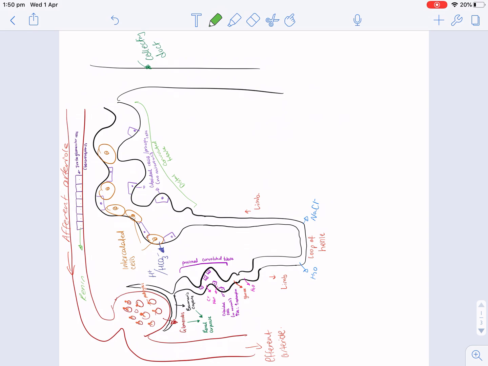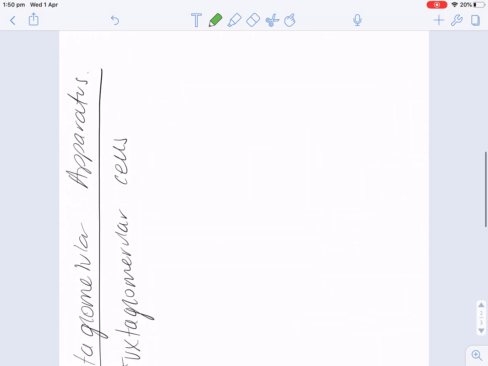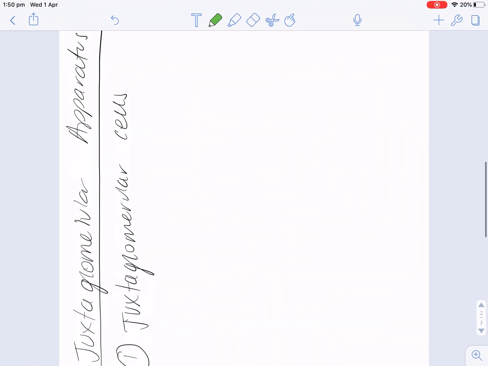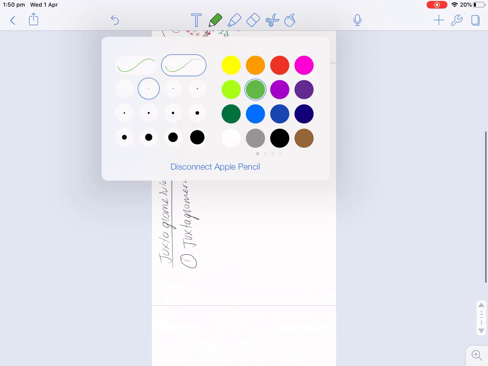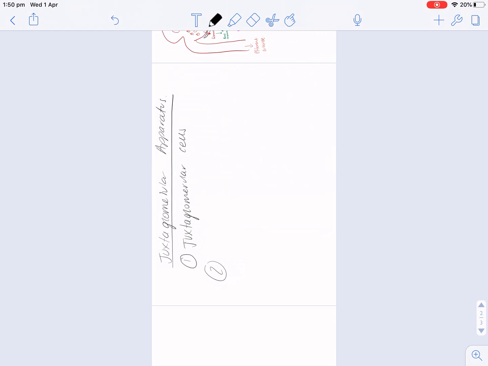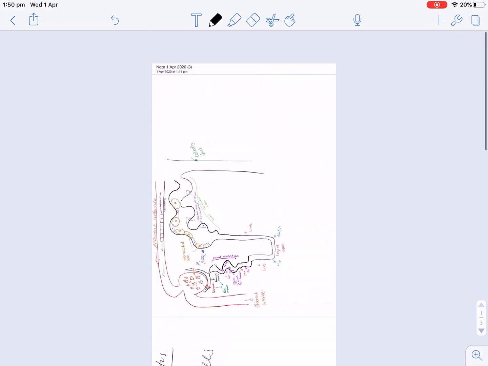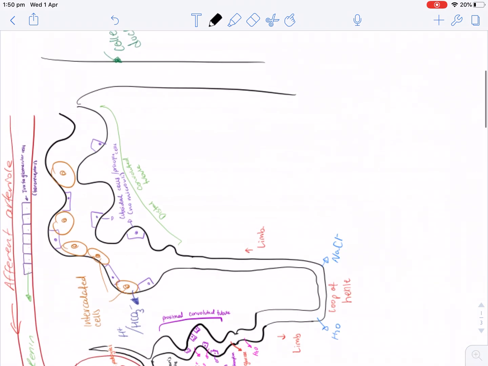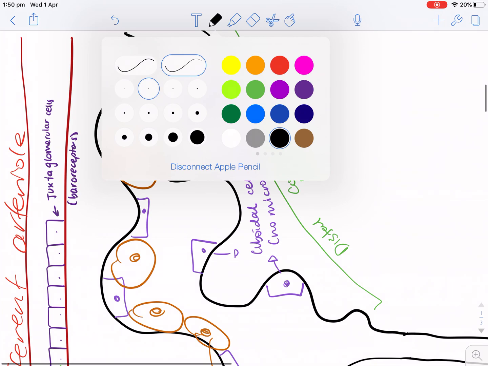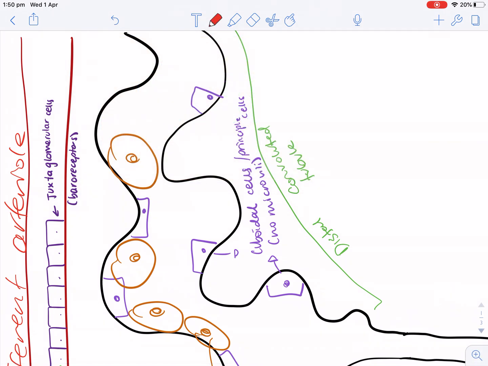Now, the other type of cell is our macula densa cells. And these macula densa cells are actually found in the walls of the distal convoluted tubules.